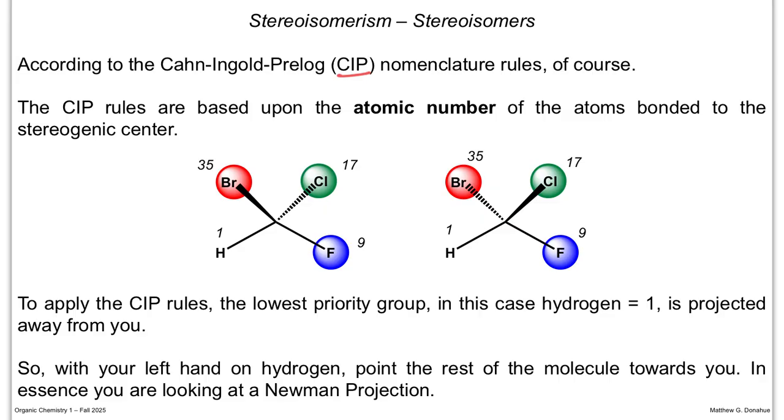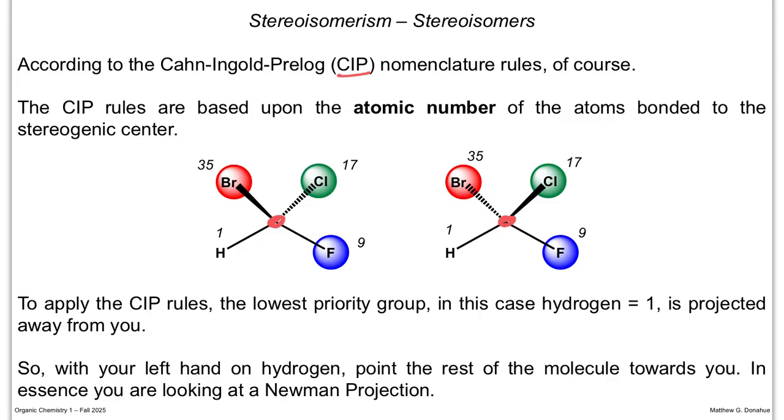So there's no way you can mess this up once you understand the rules. If I highlight the stereogenic carbon in red here, we have H, F, Cl, Br. So 4 different substituents.